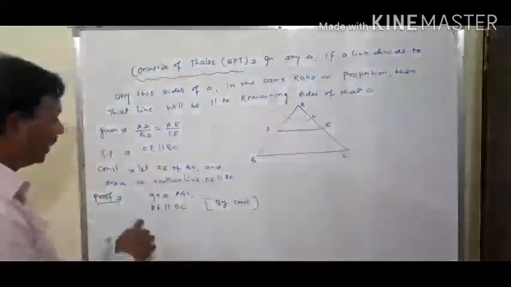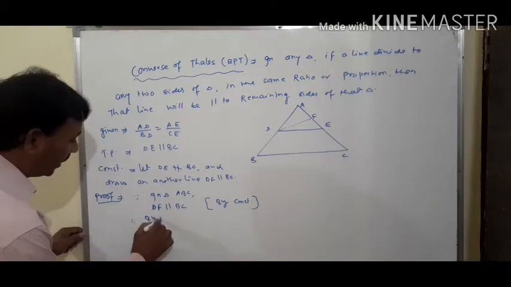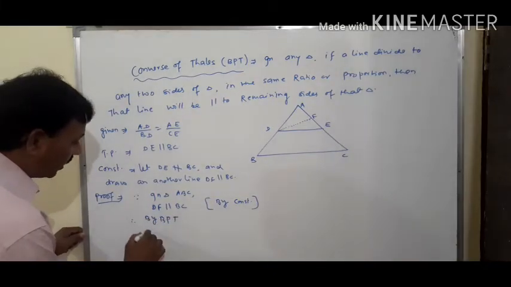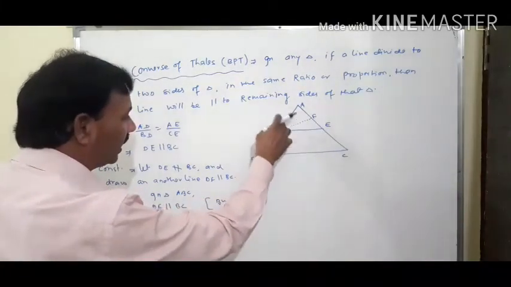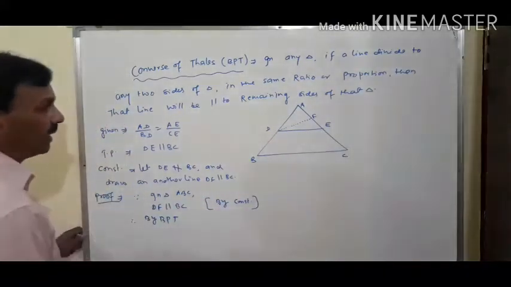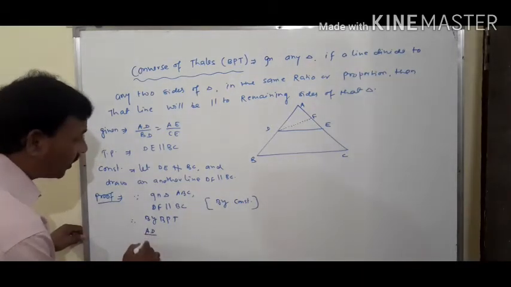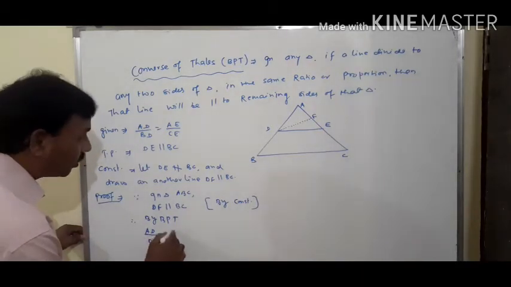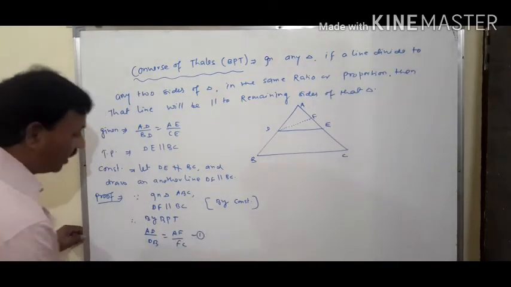So we apply BPT. Therefore, by BPT, since DF is parallel to BC, DF divides AB and AC in the same ratio. So we can write AD upon DB equal to AF upon FC. This is equation 1.